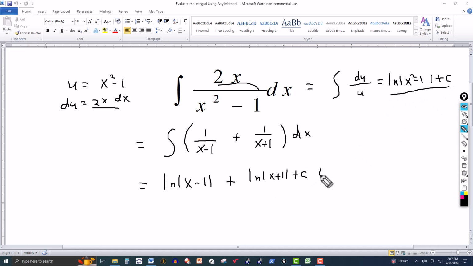And that's the same thing as this, right? Because anytime you have a sum of two logs to the same base, you can write that as the natural log of this product. The product of x minus 1 and x plus 1 is x squared minus 1, plus the constant of integration.